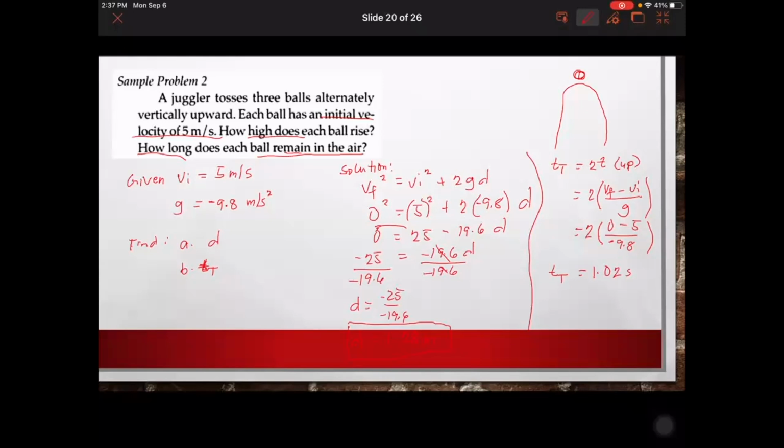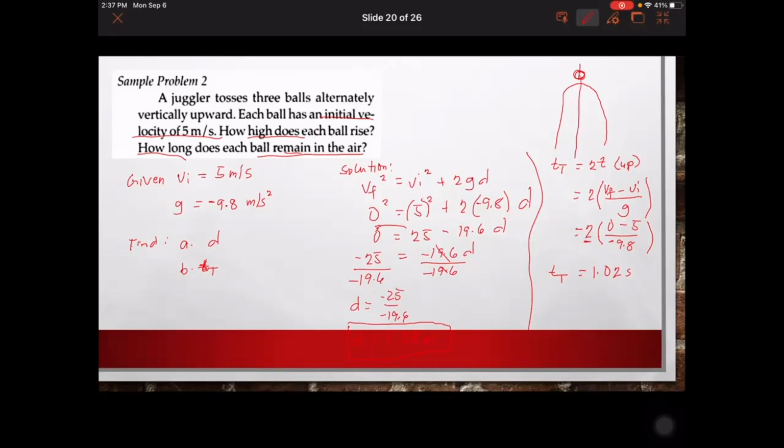Okay pa? Question? So, the total time of flight is equal to 1.02 seconds. Bakit daw may 2? Kasi di ba half yan.